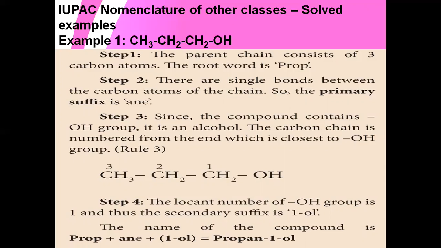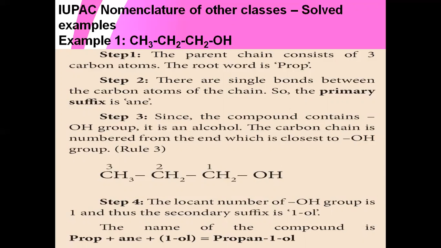So IUPAC nomenclature of other classes, solved examples. So CH3 CH2 CH2 OH. Okay, so this compound has a functional group. So first the root word. 1, 2, 3, three carbons are present.